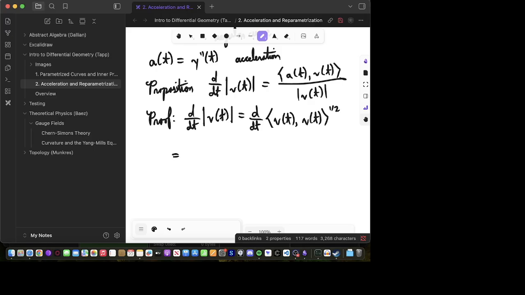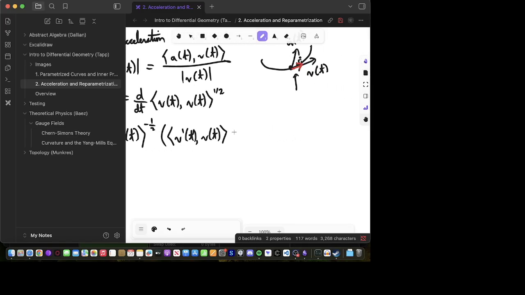First we're differentiating 1/2 the inner product of v of t with itself to the power of -1/2, because we're differentiating this whole thing. And now it's time to differentiate the inside. So now we have to use the product rule, because this is the inner product, and we get v prime of t, v of t, plus v of t, v prime of t.